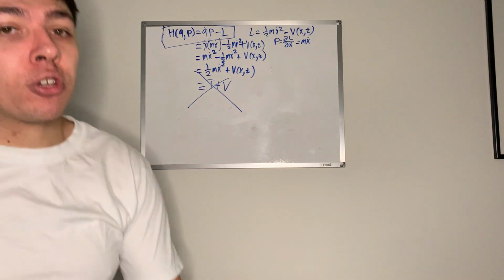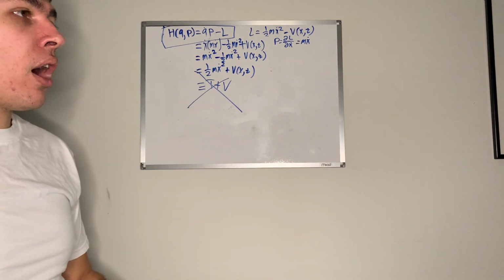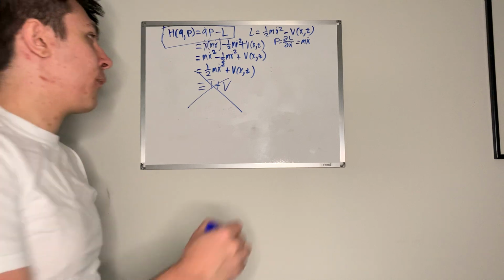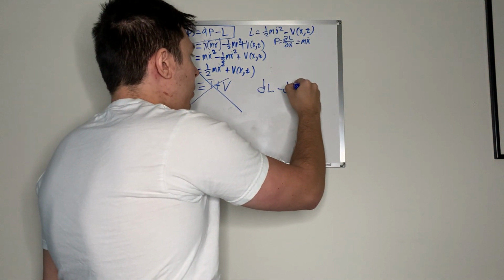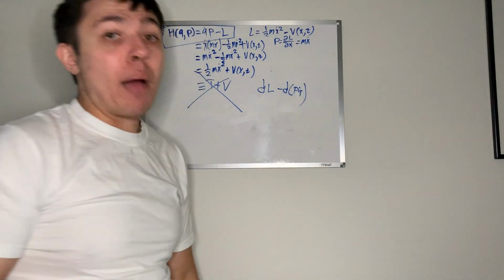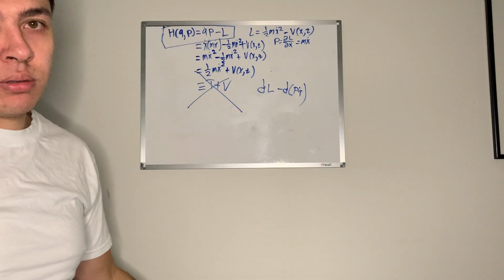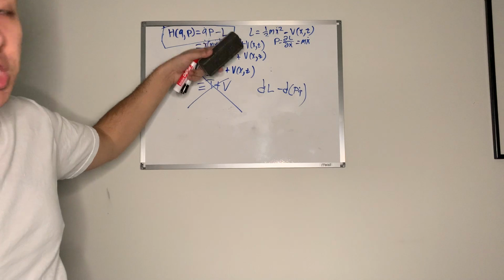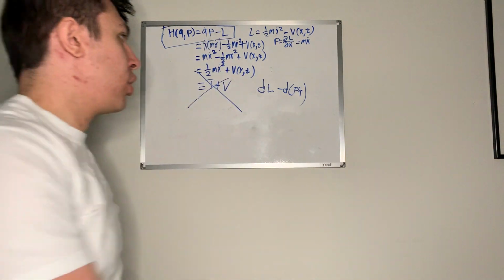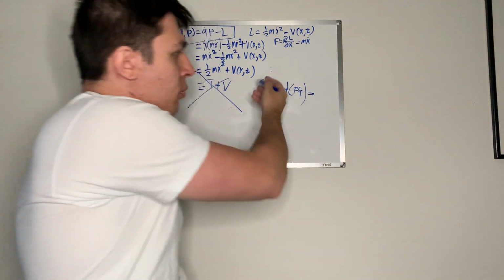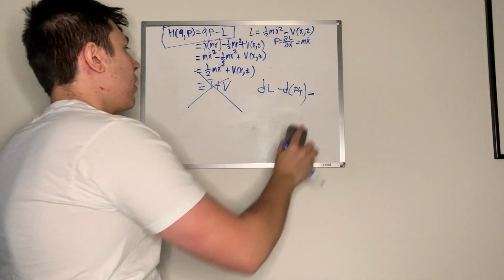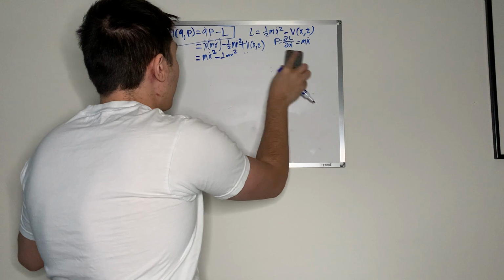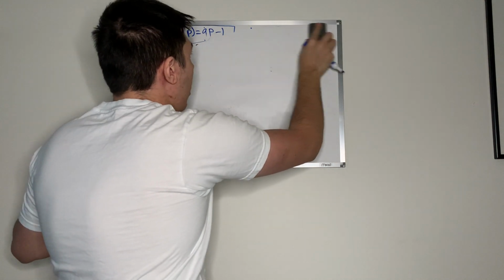But sometimes when you do the transformation on your own, depending on the order you subtract, for example if I did dL minus d of p q dot, I would have to multiply by -1. Do you see why? Because the signs change. Does it really matter? No, because when you're doing this equal sign over here, just multiply by -1 in that step. It's mathematically correct, right? So, okay, cool. We derived our Hamiltonian from a Lagrangian.